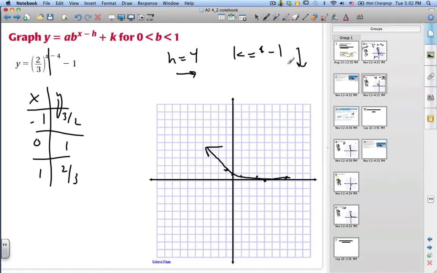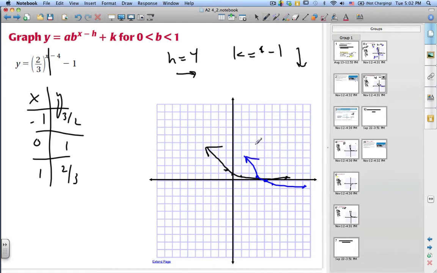All right, let me get a blue pen, that would be more helpful. Right 4, down 1, that's the point. And then this one is 1, 2, 3, 4, and then down 1. And here's my new graph.